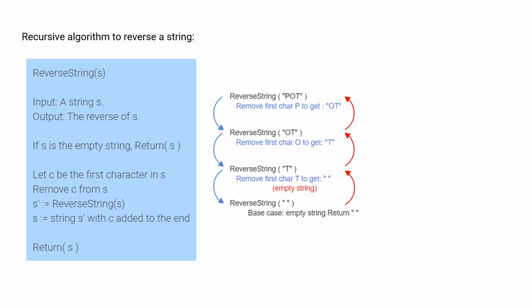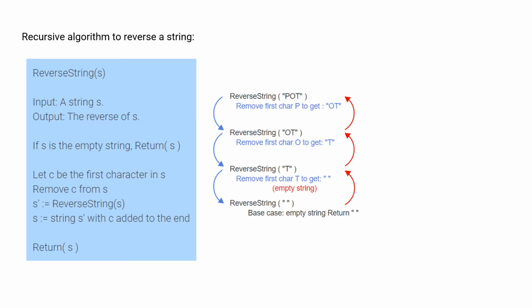So that's going to be where we finally get down to start returning things. But if S is not the empty string, then we're going to pick out the first character in S. It says let C be the first character in S. That's the character on the left. Remove C, and then we're going to call this algorithm again for what we get after we remove the C. So we remove that first character and then call reverse string again.